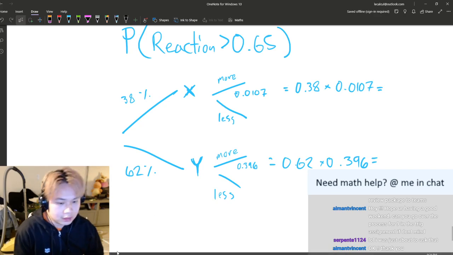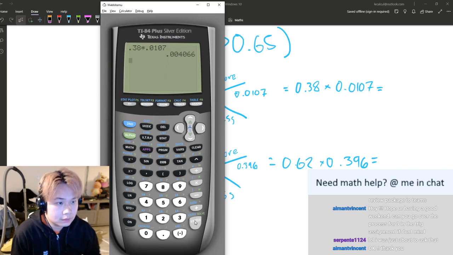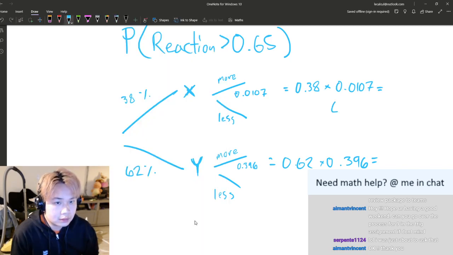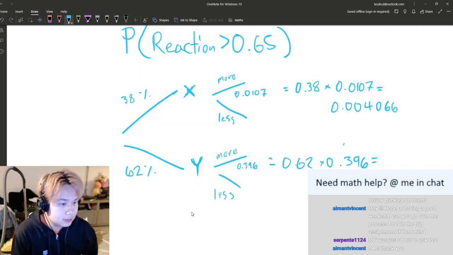So these all go into your calculator. So 0.00406 or something. And then 0.24552.